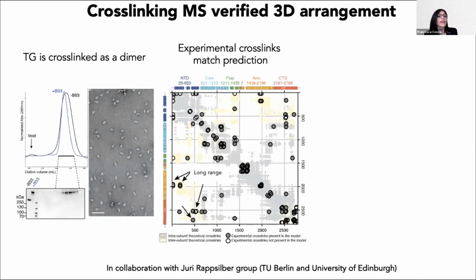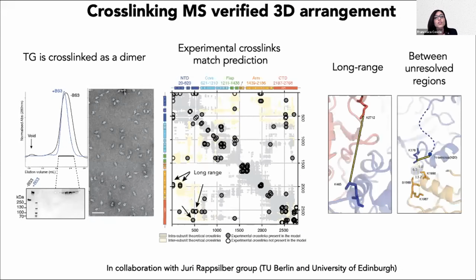So now to verify this intricate structure, we are not interested in the ones along the diagonal, which are interactions between residues very close in the sequence. But the most interesting are far from the diagonal, and these were very important to verify the structure.